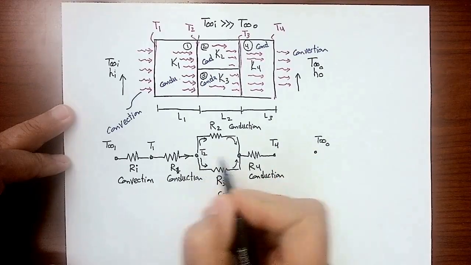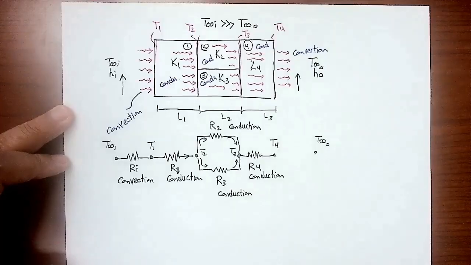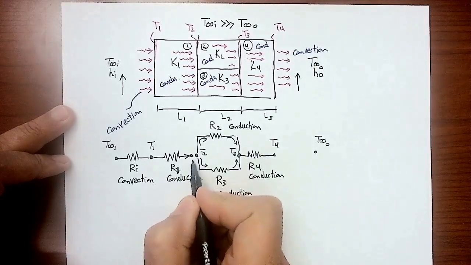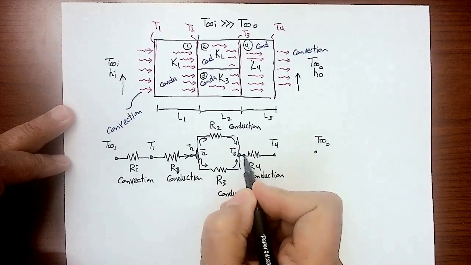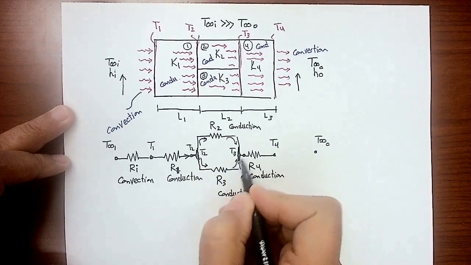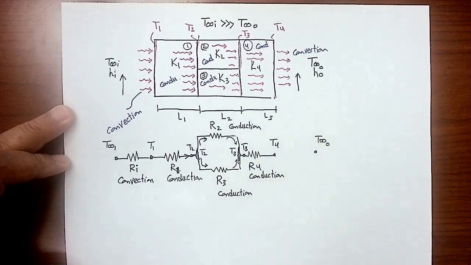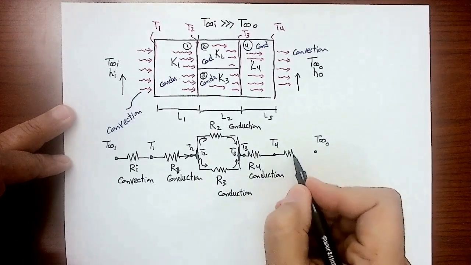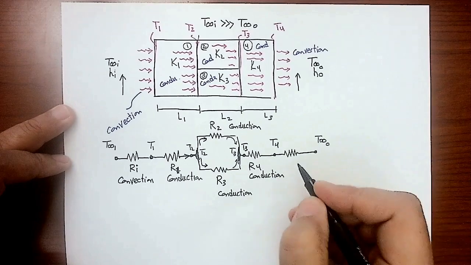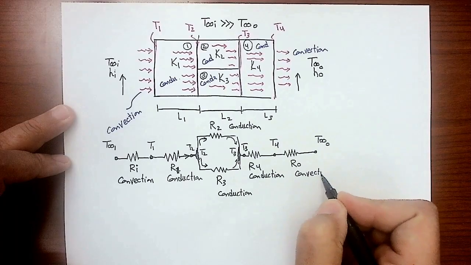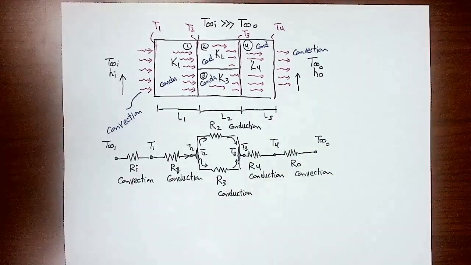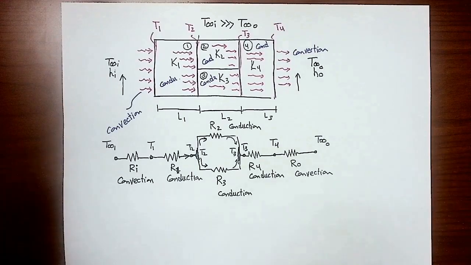This is T2, this is T3. You can actually shift the node a little bit and close the circuit here. Either way, it doesn't matter. Then the whole energy will go through the loss resistance, which is R out, which is actually a convection. So now I've transformed the problem into thermal circuit analysis.